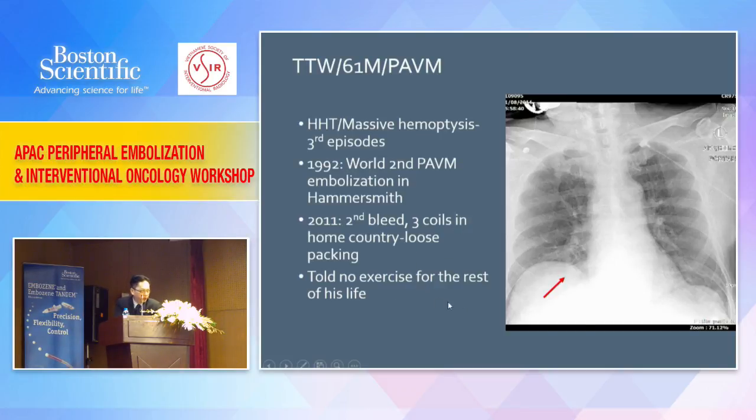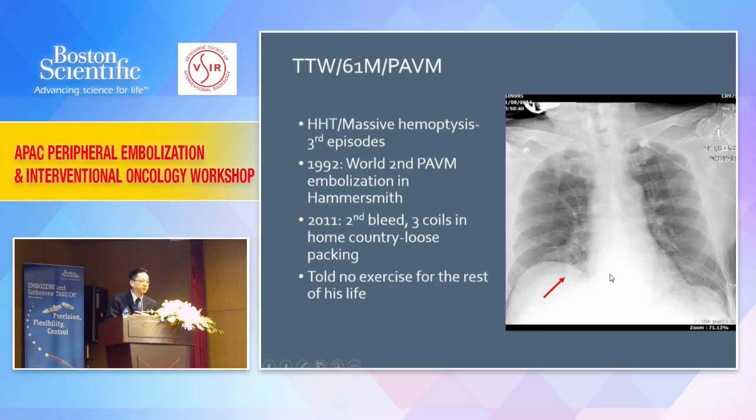The patient was prescribed 3 things: you have to go on lifelong Transamin every day, a 500 milligram tablet 3 times a day, and no exercise for the rest of your life. And of course you can't take any antiplatelet even though he has ischemic heart disease.